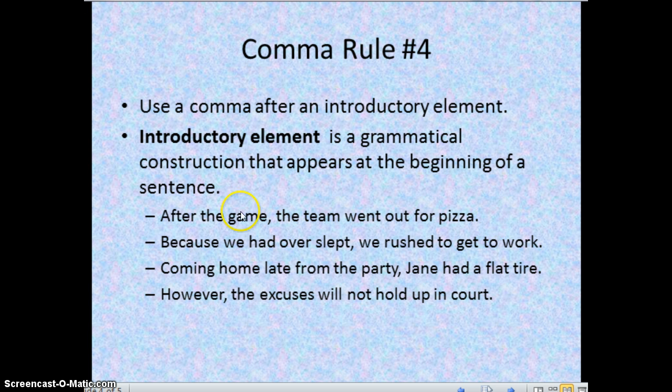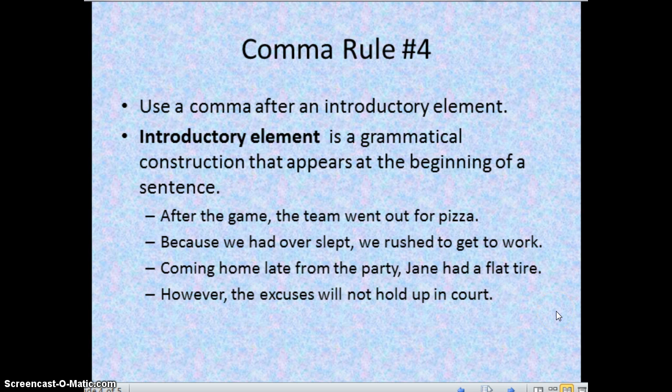So in order to join those together, I need to put that comma right there, because after the game is just introducing the sentence that is following. And the same goes with the next three. Because we had overslept is an adverb clause, if you remember that, and since it starts the sentence, we need to put a comma between the introduction and the sentence.